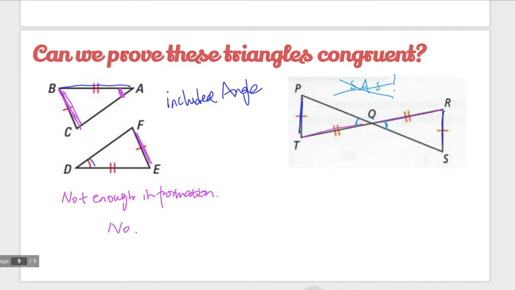What is included? Let's check the two sides. I have these two sides. So included must be here, right? Do I have this angle information? No, we don't. You cannot say, again, it looks like T is congruent to R. We do not have that information. So that's why, again, not enough information. And no, we cannot prove they are congruent.